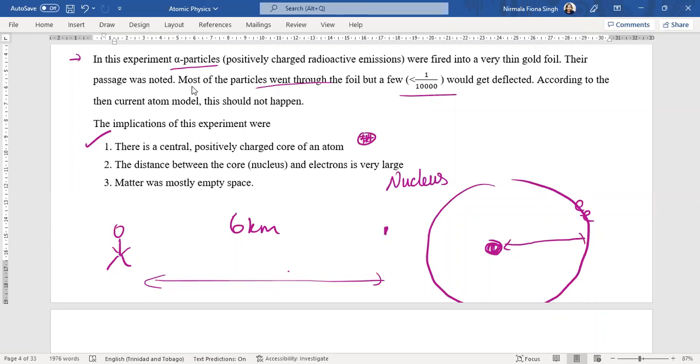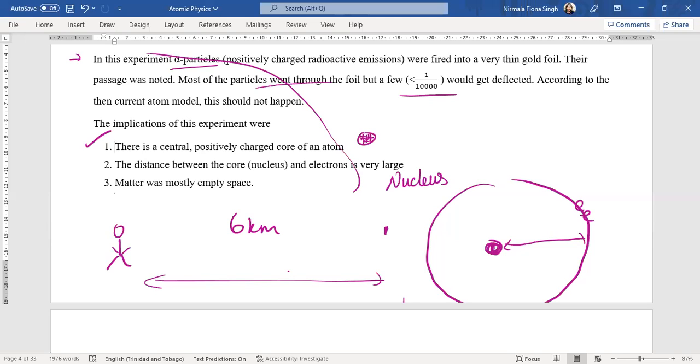So imagine 6 kilometers of nothing, no air, no leaves, no houses, no trees, nothing. 6 kilometers all around you in every direction possible. Nothing at all. And atoms make up all matter on Earth and in the universe.